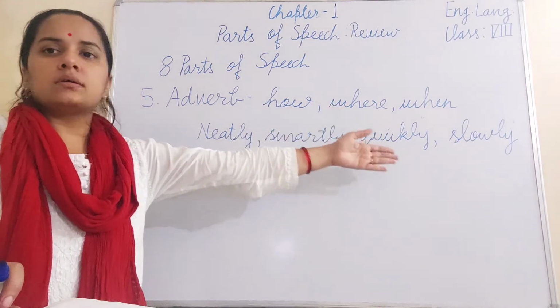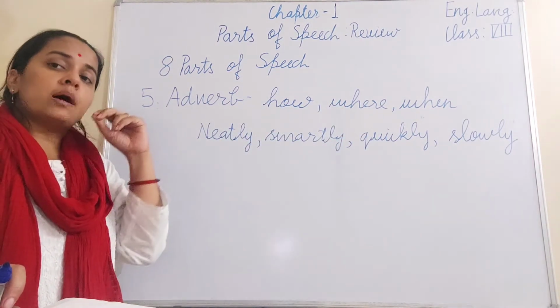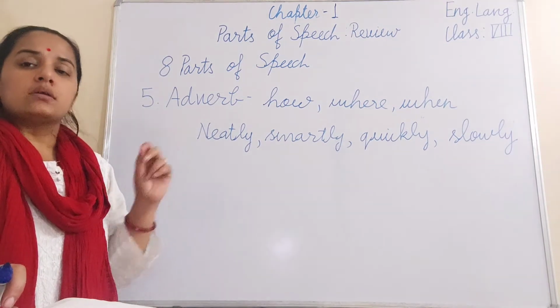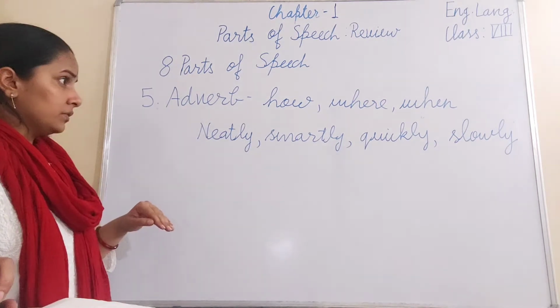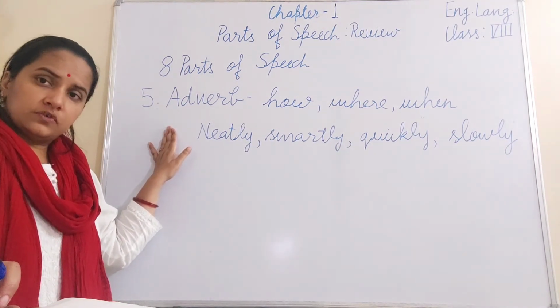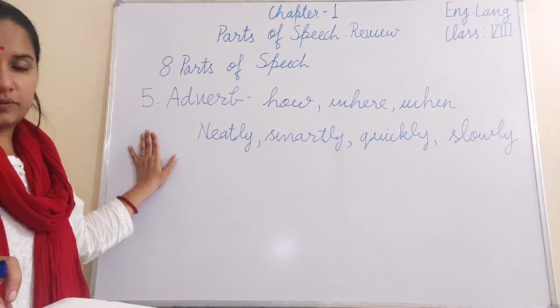She cooks slowly. So this is giving you some more information about that action which is done by someone. So that is why these are the adverbs, which give you some more information about the verb.